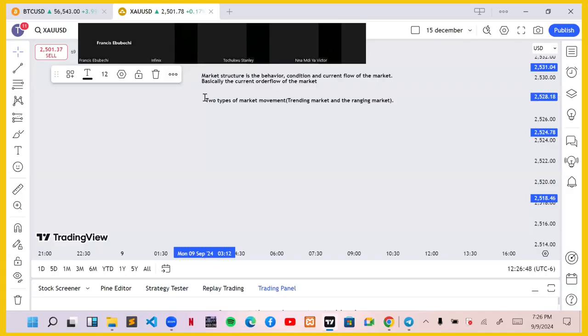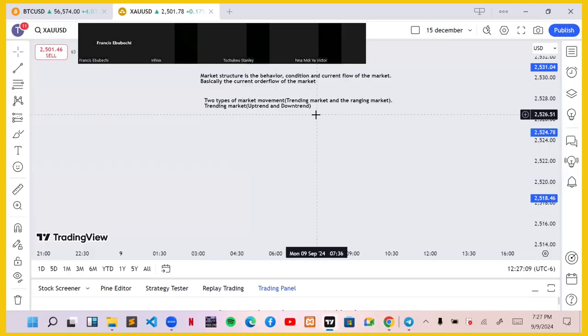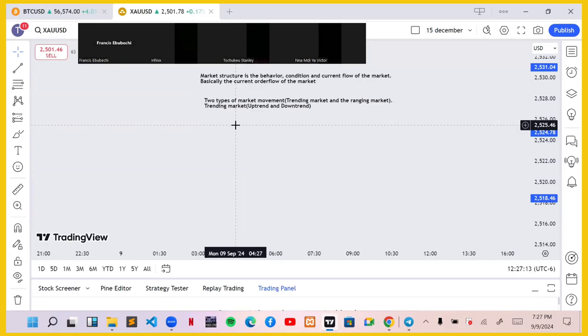In the trending market, we have the uptrend and the downtrend. An uptrend is when the market is making a series of higher highs and higher lows, while the downtrend is when the market is making a series of lower highs and lower lows.